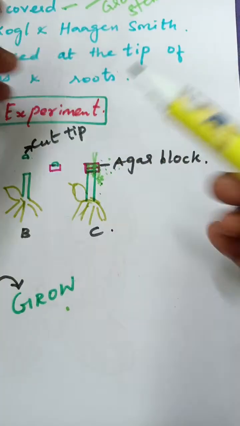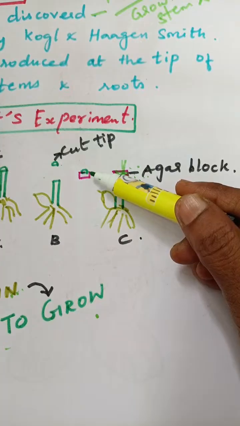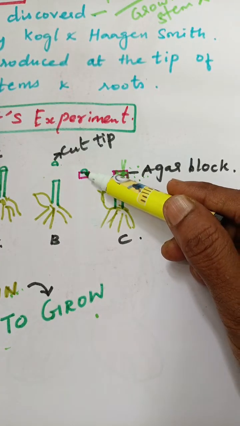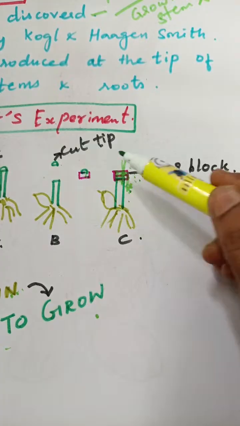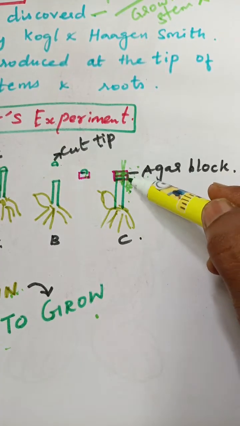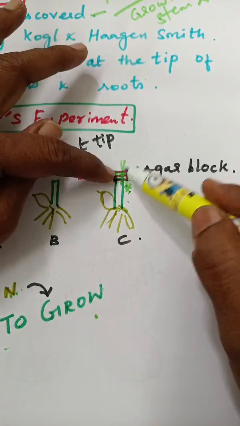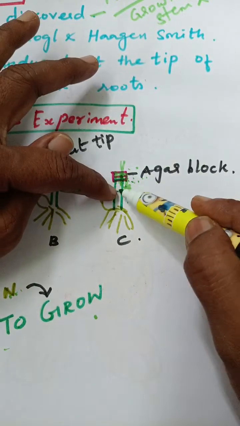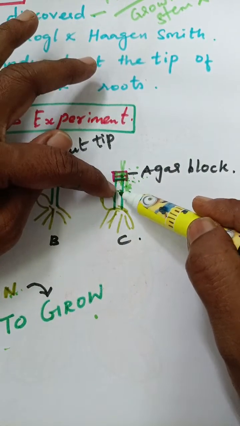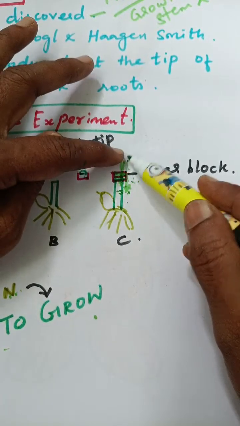From this he found that when he kept the cut tip on the agar block, there was diffusion of chemical substances into the agar block, and they were left on the agar block. When he placed this agar block on the coleoptile, the diffused chemical substances started diffusing into the cut part of the coleoptile, and the plant started growing from that tip.